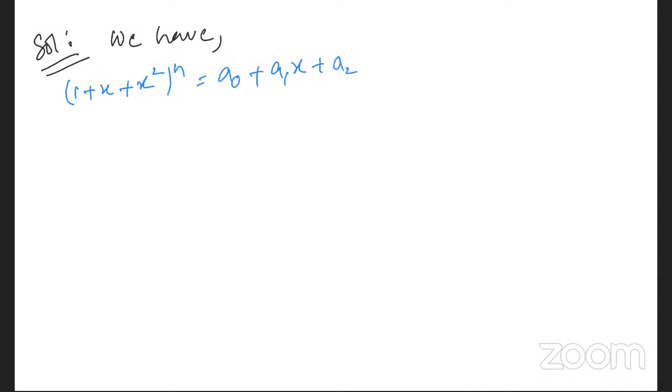What is given: (1 + x + x²)ⁿ = a₀ + a₁x + a₂x² + and so on + a₂ₙx²ⁿ.